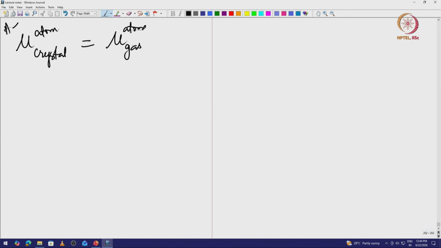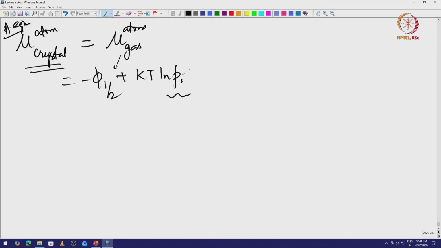That is equal to minus phi half plus kT ln pi. Pi is the partial pressure of gas in the gas phase. So, this is for the gas phase, but since the atom in the crystal is in equilibrium with the gas phase, mu atom in the crystal is equal to, here I am taking the special position, half crystal position, that is what allows me to calculate things.